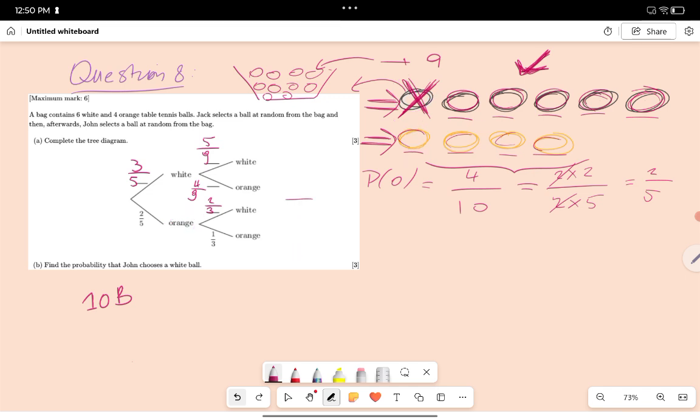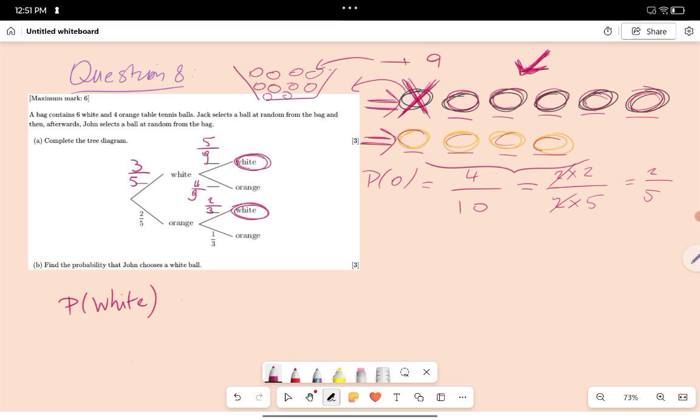So let's have a look at B. Find the probability that John chooses a white ball. So again, just as the other question, if we want the probability of taking a white one, that John chooses a white ball. So what happens? We can have a white one up here, and we can take the white one up here, right?